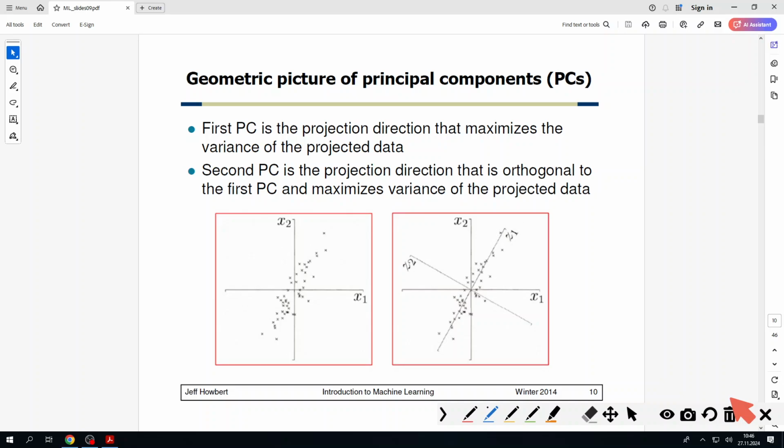So, for example, we are going to change our axis x1 into some axis, let's say z1, and axis x2 into some axis z2, in such a way that we have as high variation as possible.